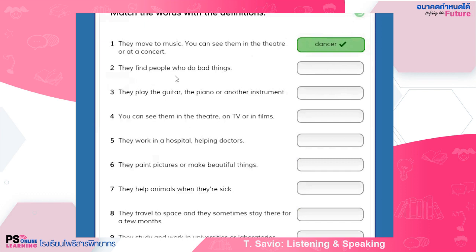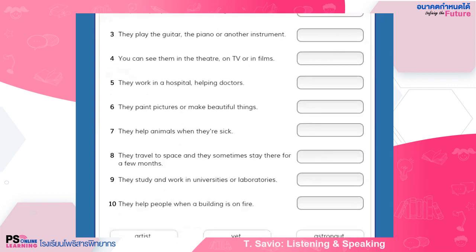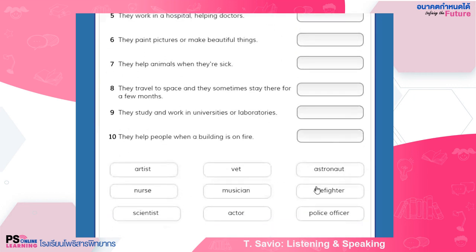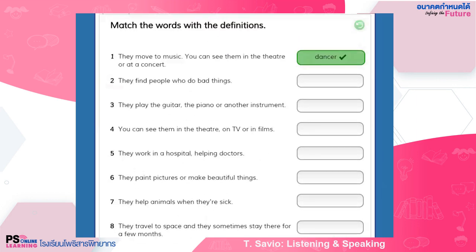Next, they find people who do bad things. This would be the police officer. They play the guitar, the piano, or another instrument.